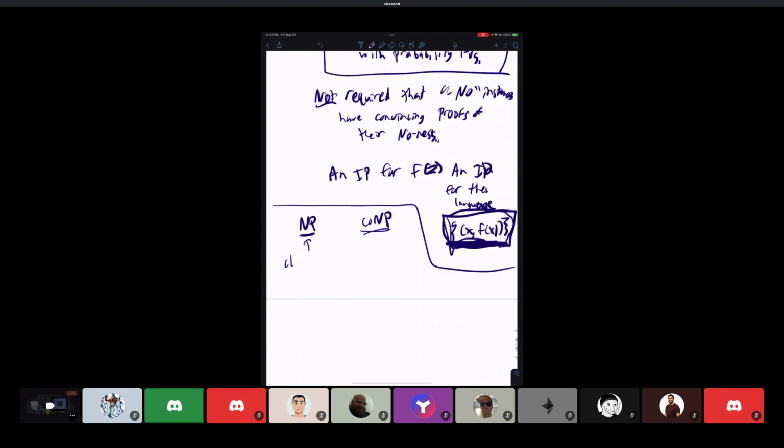So NP is the class of all languages where yes instances have convincing proofs of their yesness, where the proofs can be checked efficiently, meaning in polynomial time. And co-NP is the same thing, but where no instances have convincing proofs of their knownness.